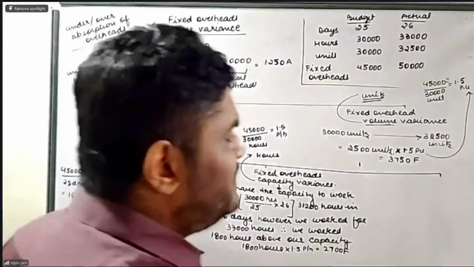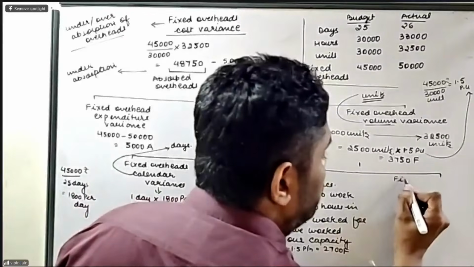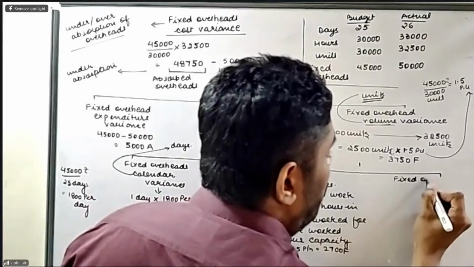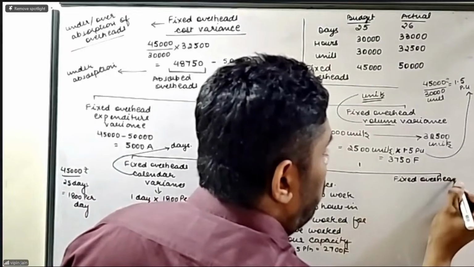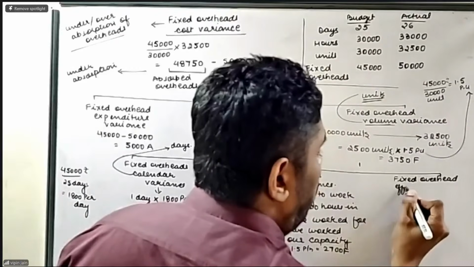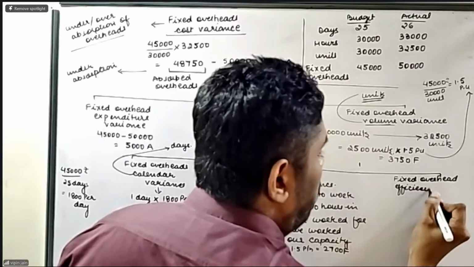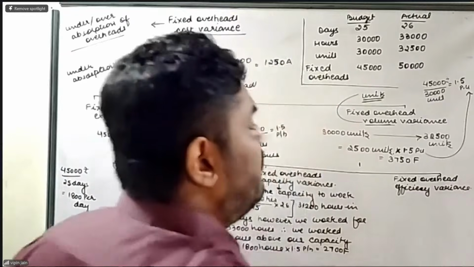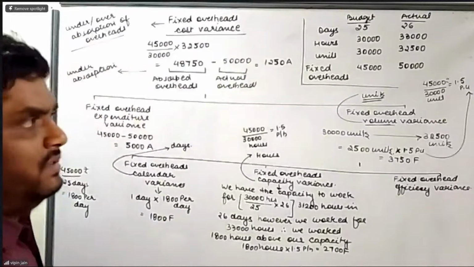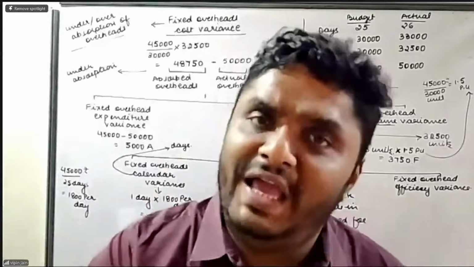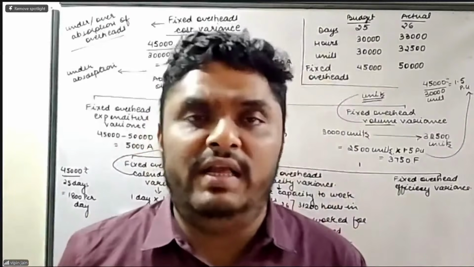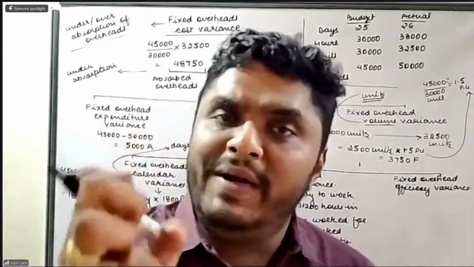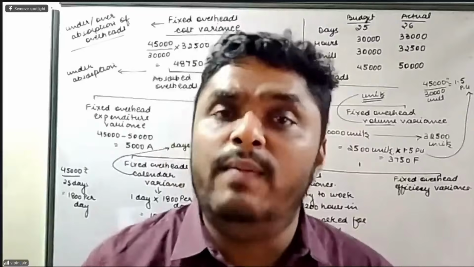Now let's move towards the next part, that is fixed overhead efficiency variance. That is, whether we worked efficiently or inefficiently, whether we completed the task in the dedicated time or not.